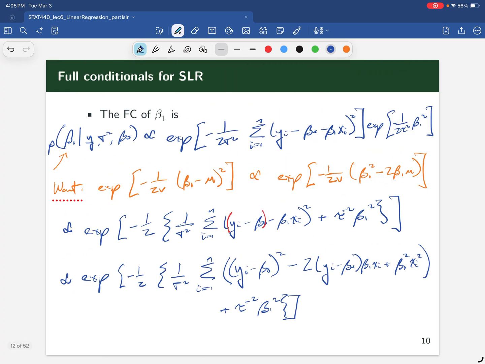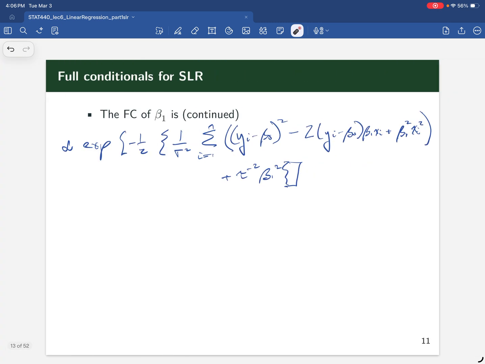If we focus on our goal, we're going to need a beta 1 squared term, and we're going to need a term with just the beta 1s, and everything else is going to be a normalizing constant. When I look at this, the first term doesn't have a beta 1 at all.